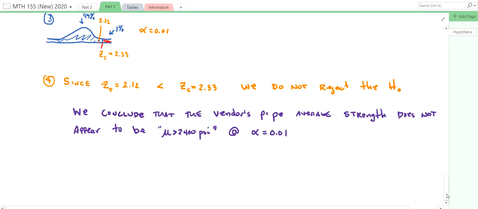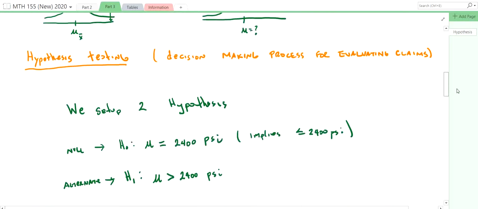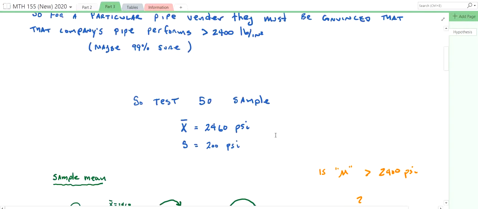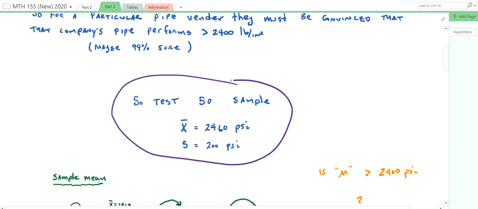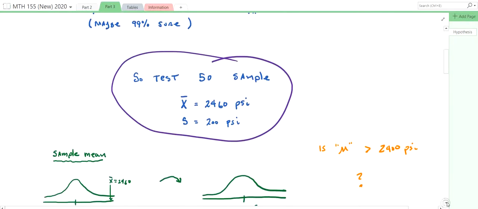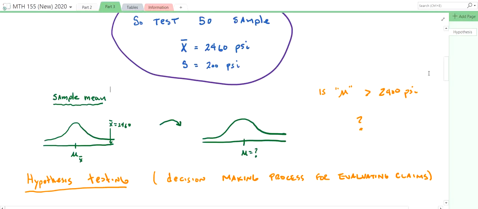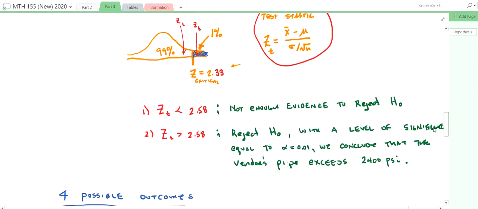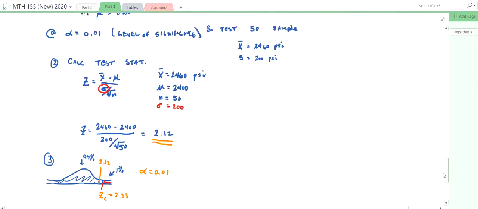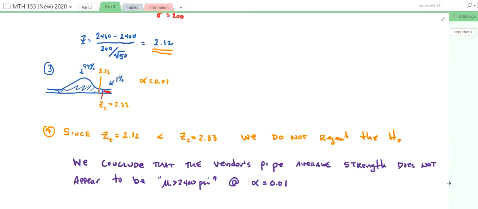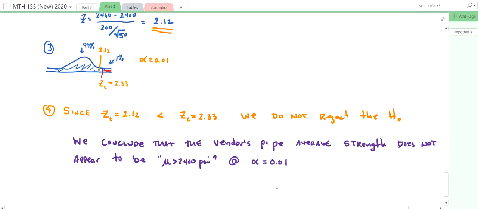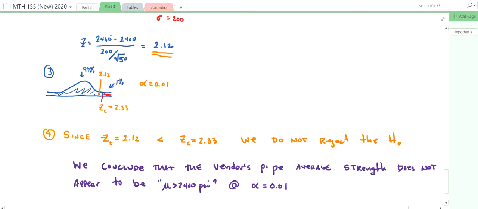And even though for the one test sample that we got from these people, where we took 50 pipes and broke them and got an average strength in that sample of 2460, which was greater than our spec, overall, based on the standard deviation for our population and where that is located with respect to the mean value we're looking for, when we do the statistical analysis here with Z, we find that Z falls to the left of Z critical and not in the critical region.